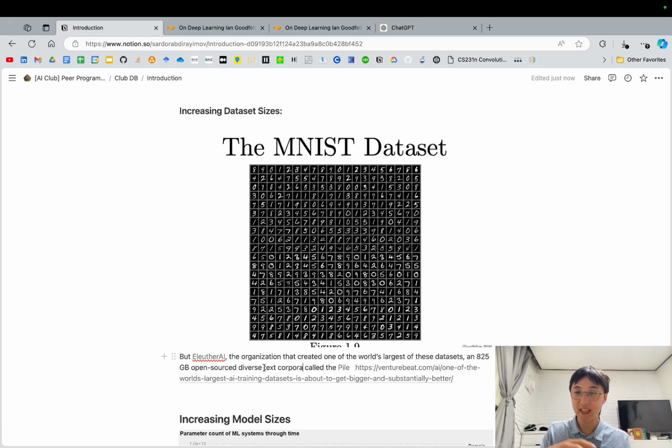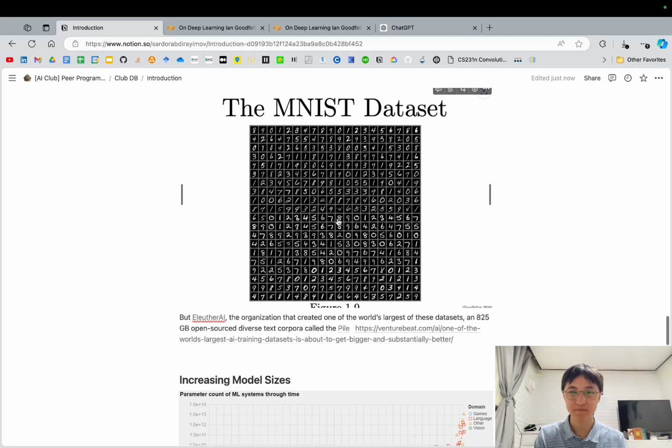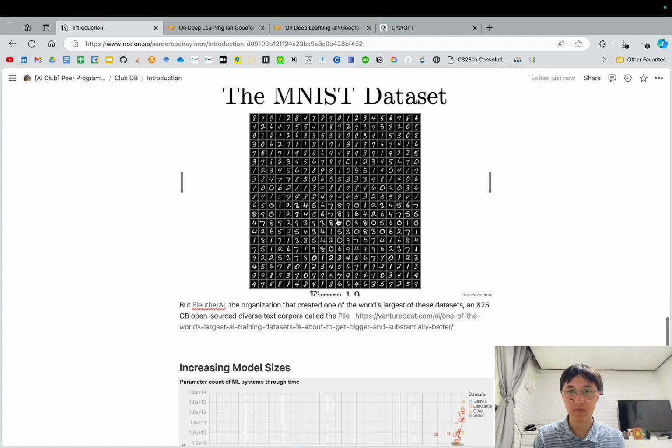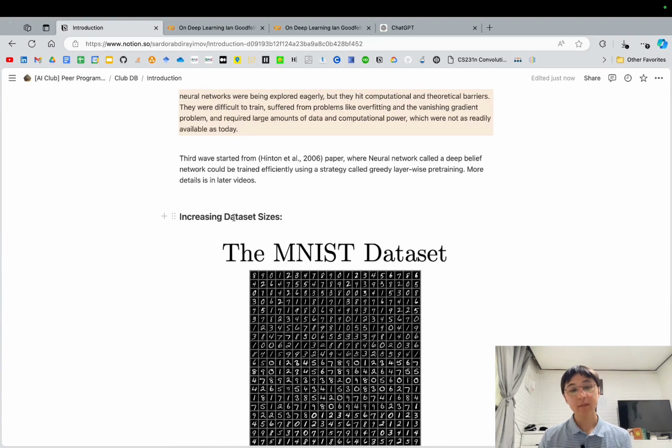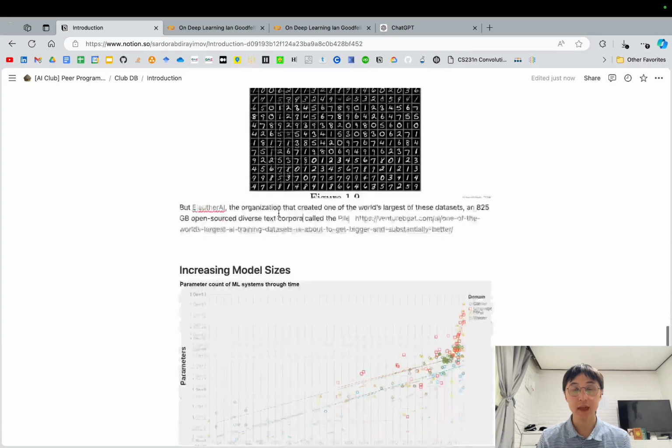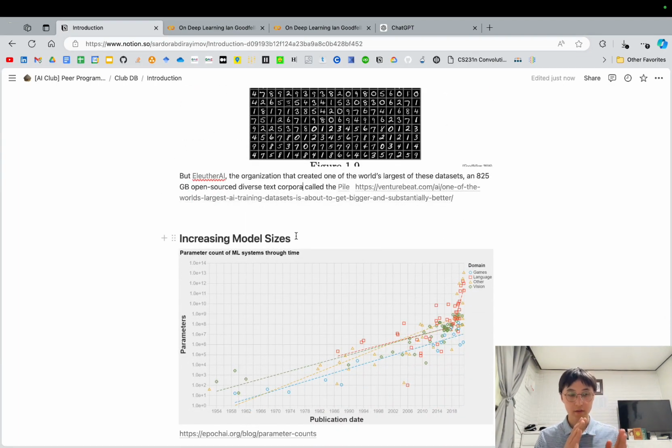So now we have that much big a dataset, 825 gigabytes. But in the MNIST dataset, I believe it's 5 megabytes or less, maybe 20 megabytes, very small, because it's 28 by 28 pixels. As I said, datasets started increasing, and the layers and model architecture started increasing too.